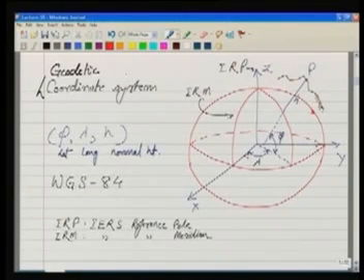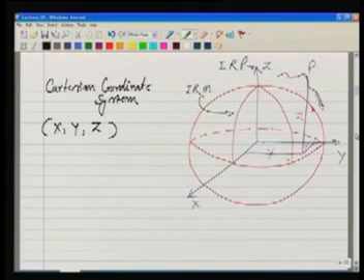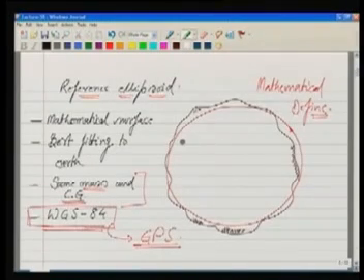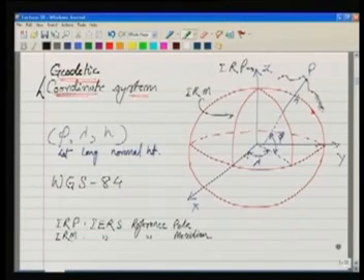So, we are defining now a system which is called the geodetic coordinate system. In this geodetic coordinate system, the same ellipsoid we saw in our last slide, I am showing now here, and this is the surface of the Earth.